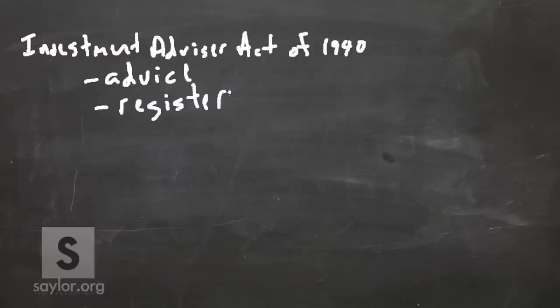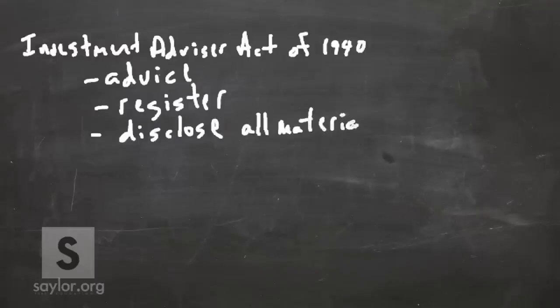In keeping with securities laws in general, investment advisors are required to disclose all material information. So disclosure, again, is an important part of this. Particularly, what you want to know about investment advisors is whether they have any conflicts of interest.